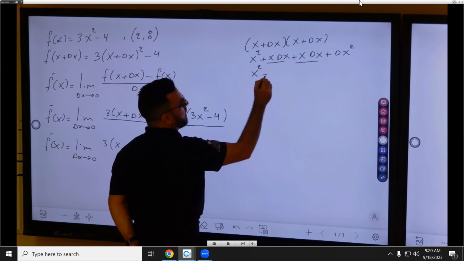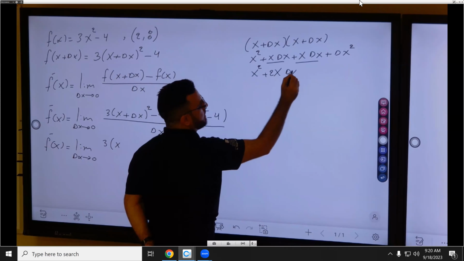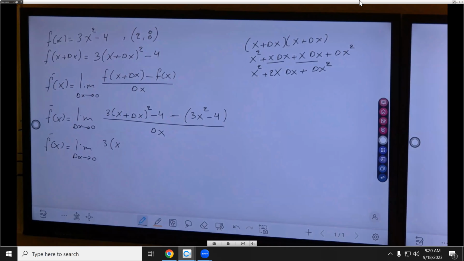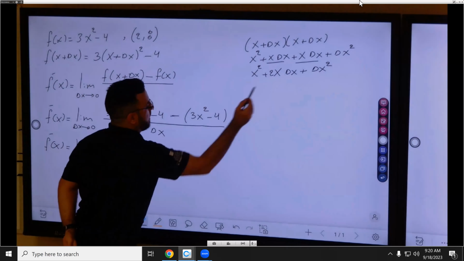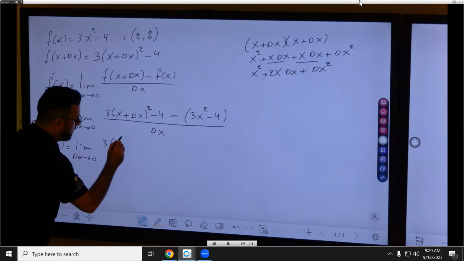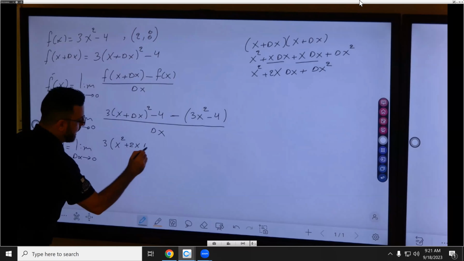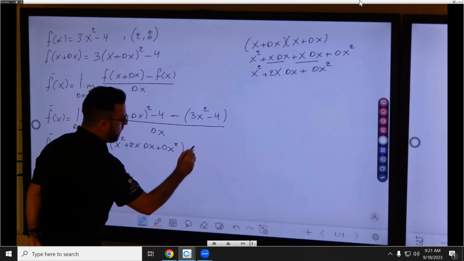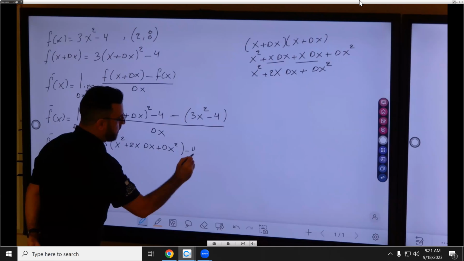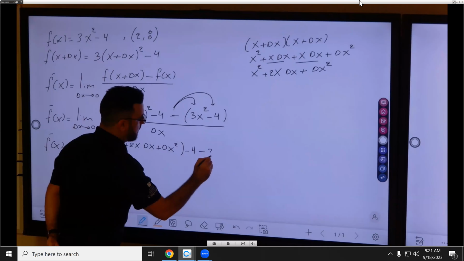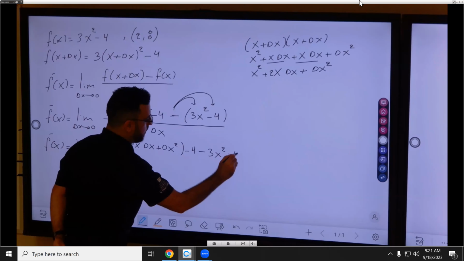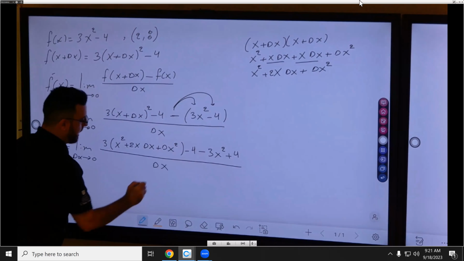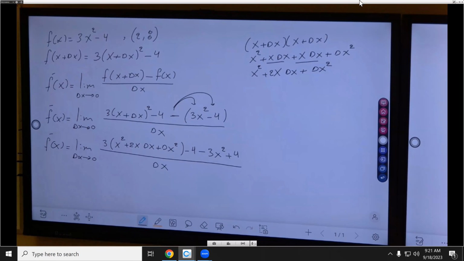So it's going to be x squared plus 2x delta x plus delta x squared. I'm going to plug in everything here. So it'll be 3 times x squared plus 2x delta x plus delta x squared, and now minus 4. I'll distribute this sign, so minus 3x squared plus 4. Everything divided by delta x. I'm telling you, it's a longer process, but do you feel it's hard? You have to practice on it.